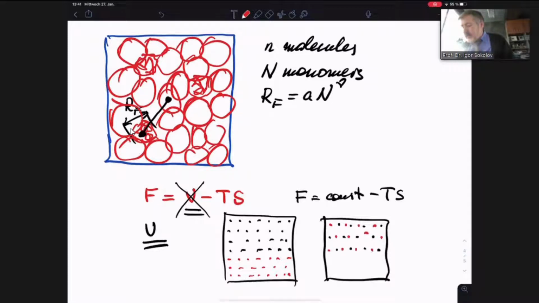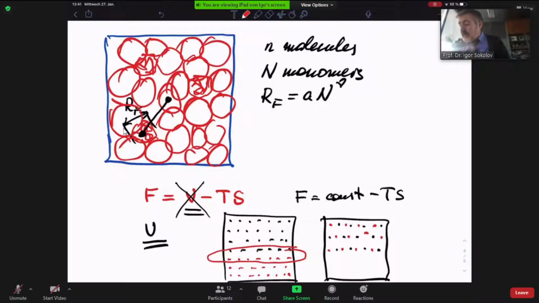You have different interactions. Here you have atoms of different type which meet with each other only here close to the surface, and here it's everywhere. And we have somehow to take this into account.